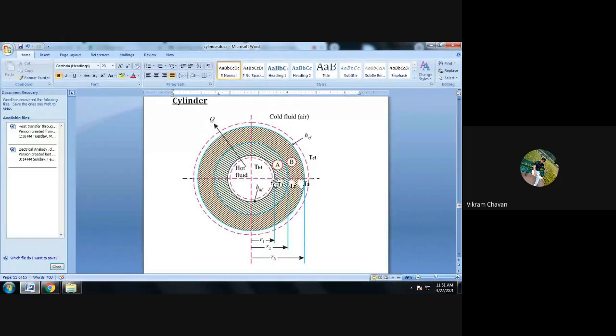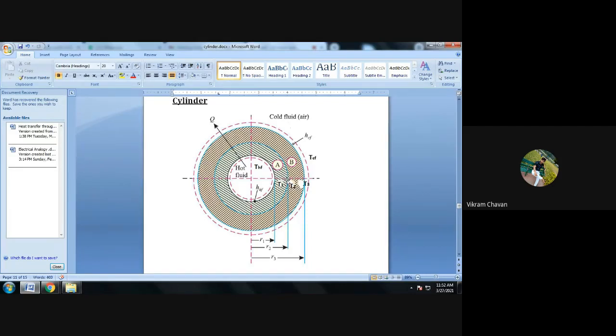Further, heat has reached the internal surface of A cylinder. Now heat will transfer from the internal surface to the external surface of A cylinder, within the thickness of the cylinder, so that heat transfer mode is conduction heat transfer.